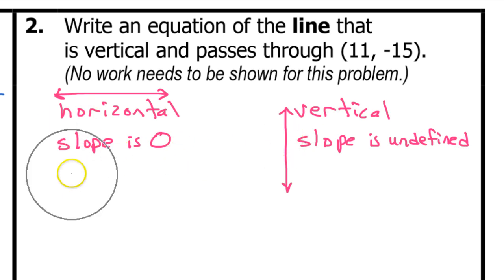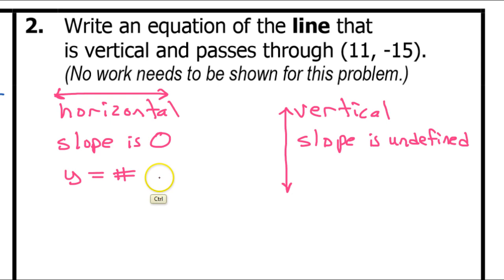And finally, a horizontal line always has the equation y equals some number. Okay, like y equals 5. A vertical line always has the equation x equals some number. So just memorize this set of facts. They all go together. And these 4 concepts, they all go together.